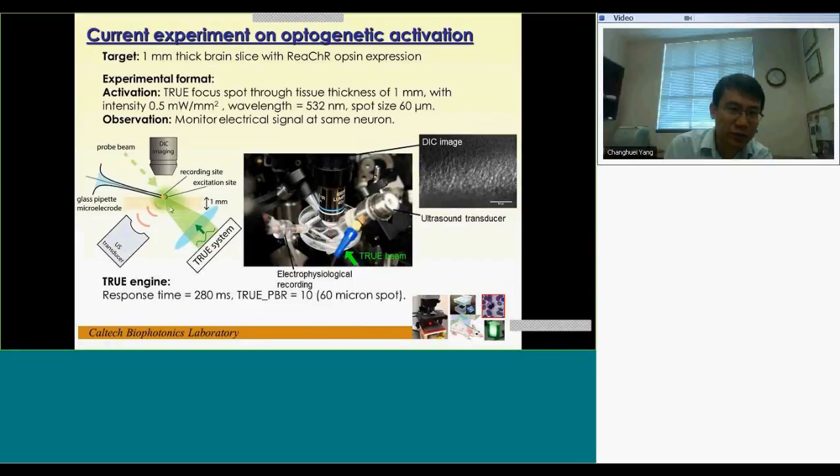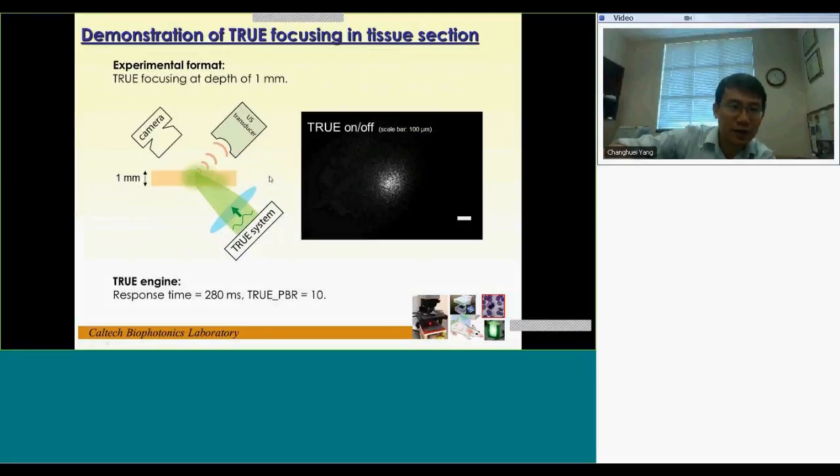So we're currently doing an experiment where we're trying to do all the probe and focusing from one side, and then use an electrode to detect the electrical signal on this side. All right, so this is currently work in progress. Our aimed spot size is about 60 microns with a tissue thickness of about 1 millimeter. This is a demonstration of what we have been able to show so far.